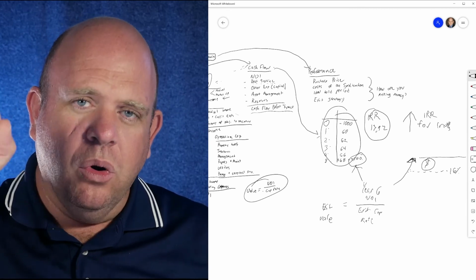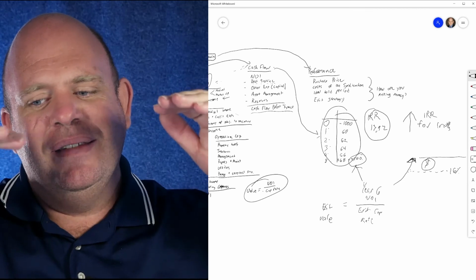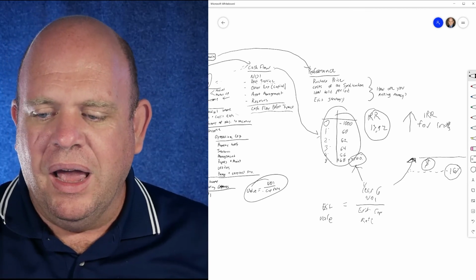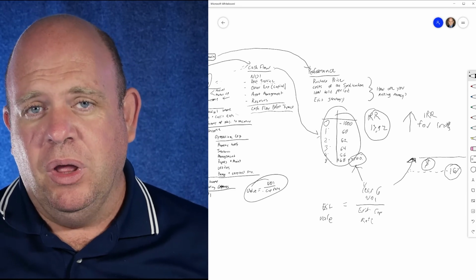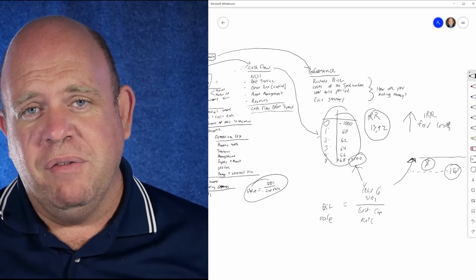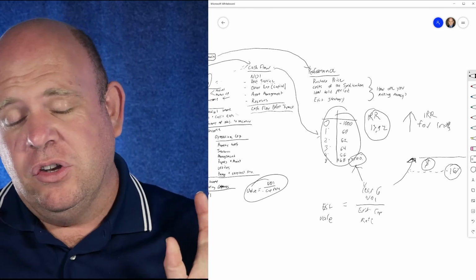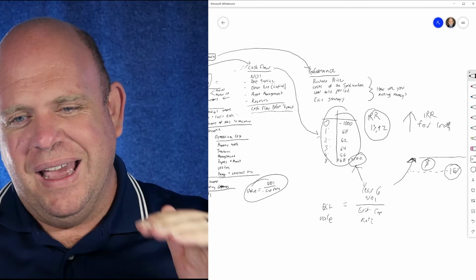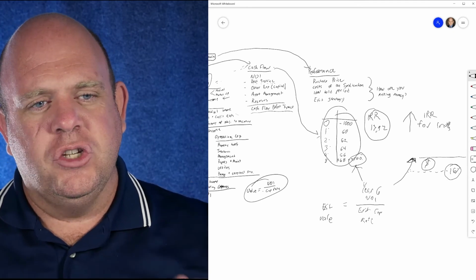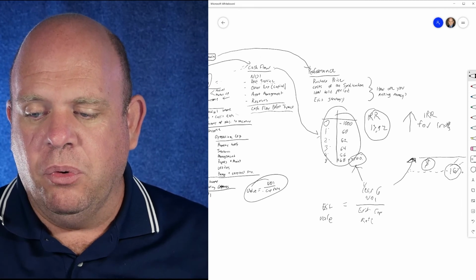I'm taking more of the piece of the pie until it balances out at a point where the IRR is acceptable and believable. We're not doing this to drive it up in a way where it wouldn't work or it's not going to happen. We want to drive it up in our business plan to a reasonable level that I think is totally achievable, because we really want to hit this point.